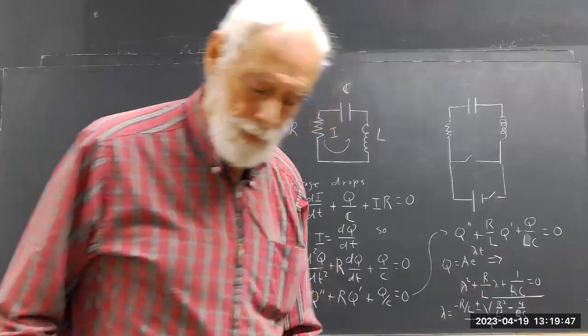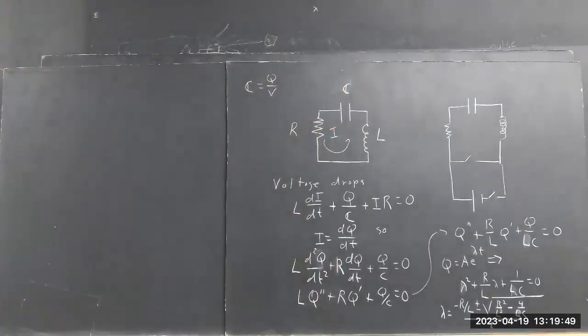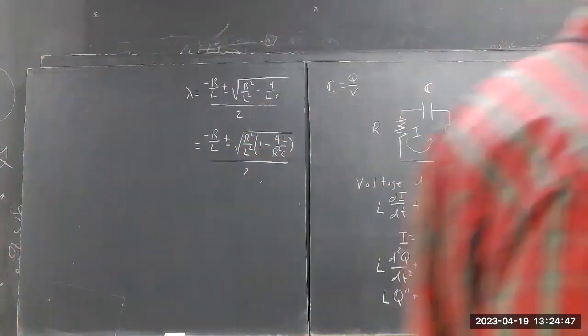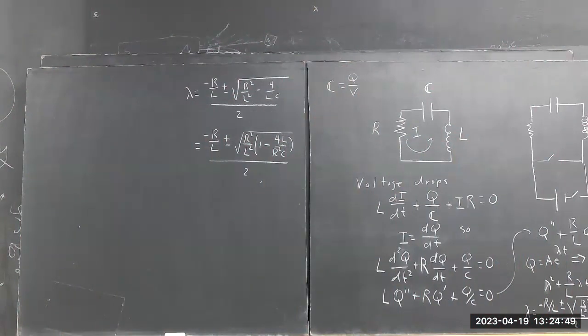So what more can you do with it? To get the time constant there, I don't want R squared to be the constant. That's what I want. We're not going to go too far on this together.